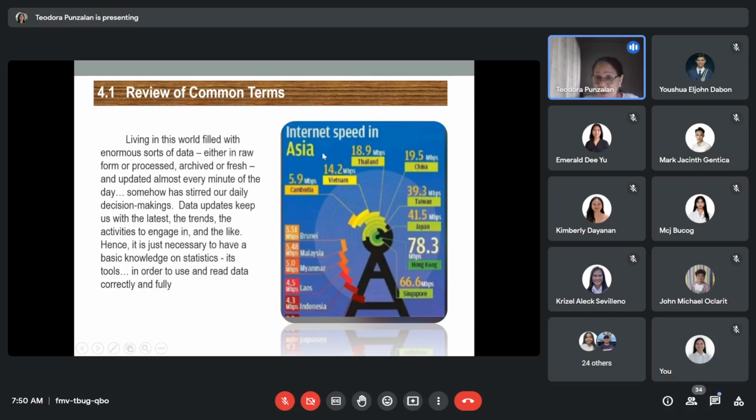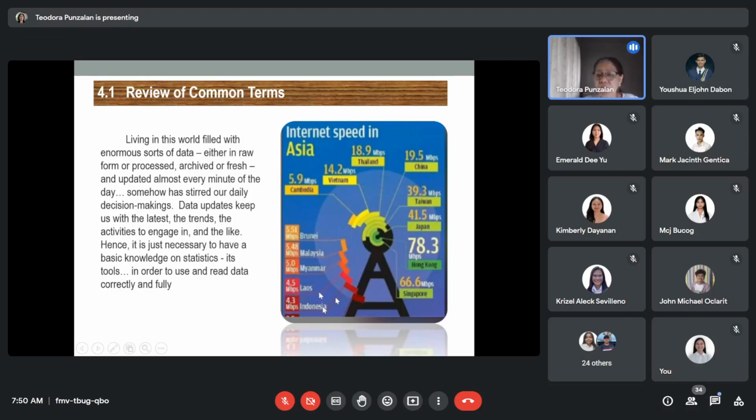Now here on this slide, if you notice, the internet speed of the countries in Asia are already arranged. So the arranged data is what we call the array, A-R-R-A-Y. Diretso na niya arrange. And if you are looking for our beloved country, you cannot find Philippines. Why? Well, you know naman, the internet speed here is quite very slow.